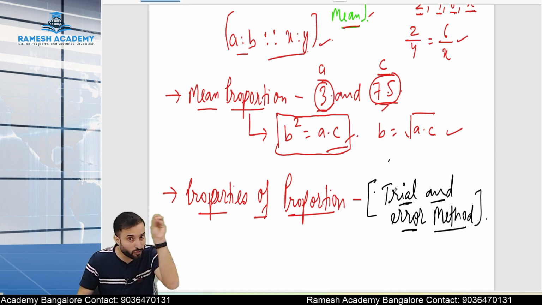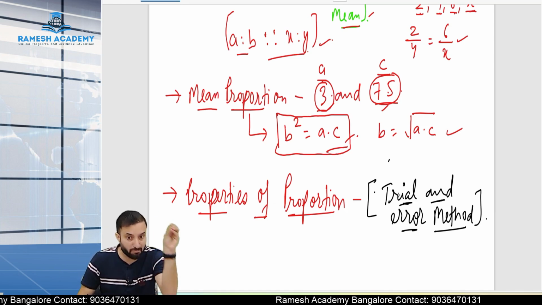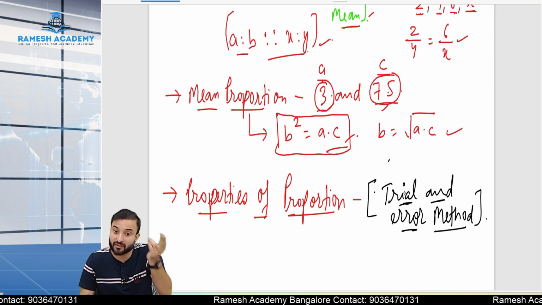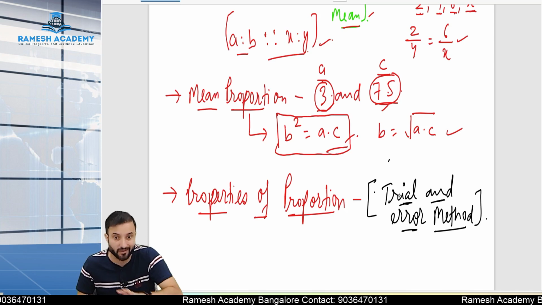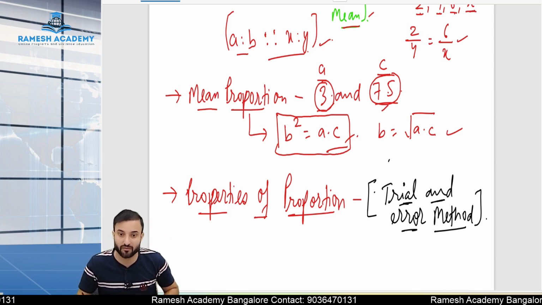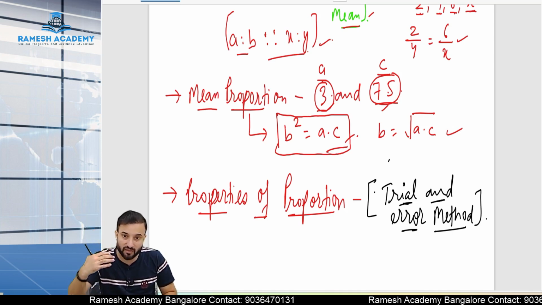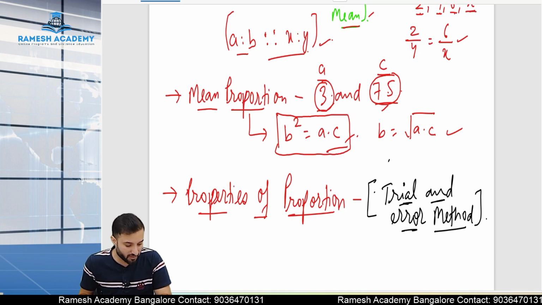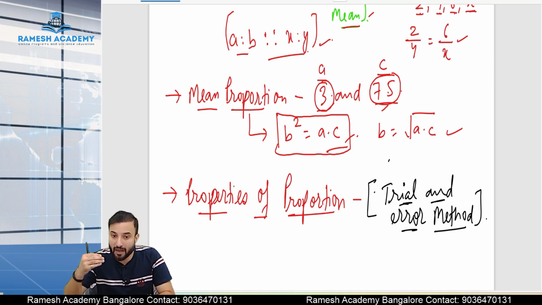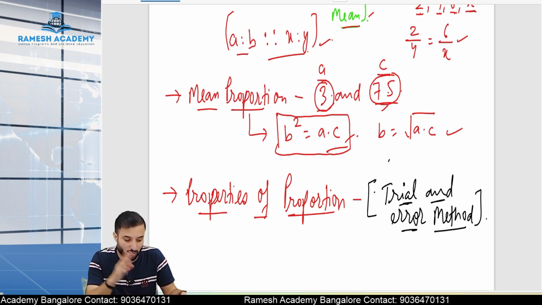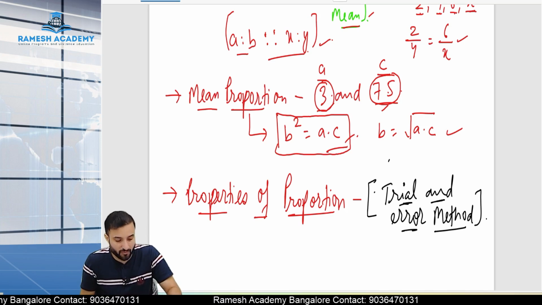We will substitute option A, option B, option C, option D, and see in which option the condition is satisfied. That option will be correct. So instead of learning all 7 properties of proportion, we just learn the trial and error method.